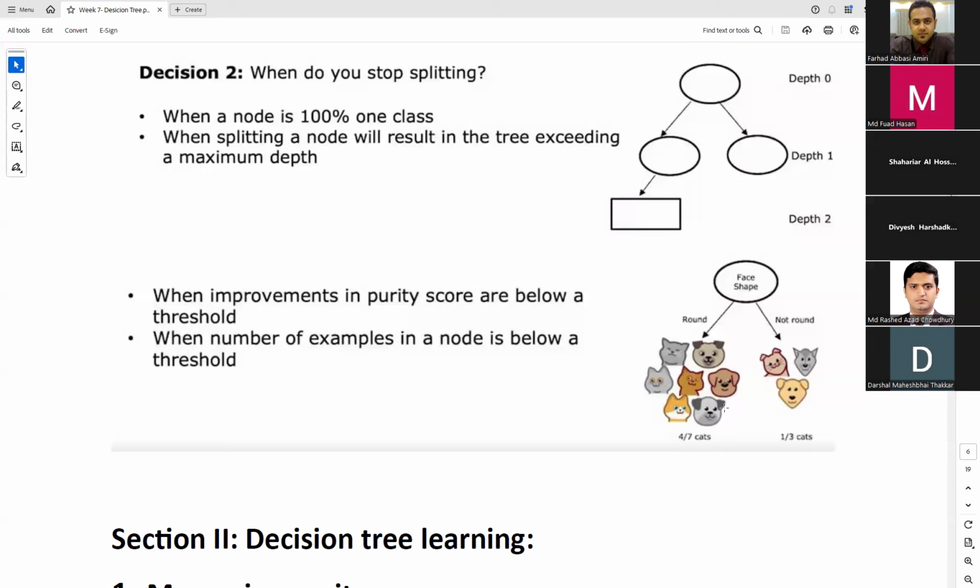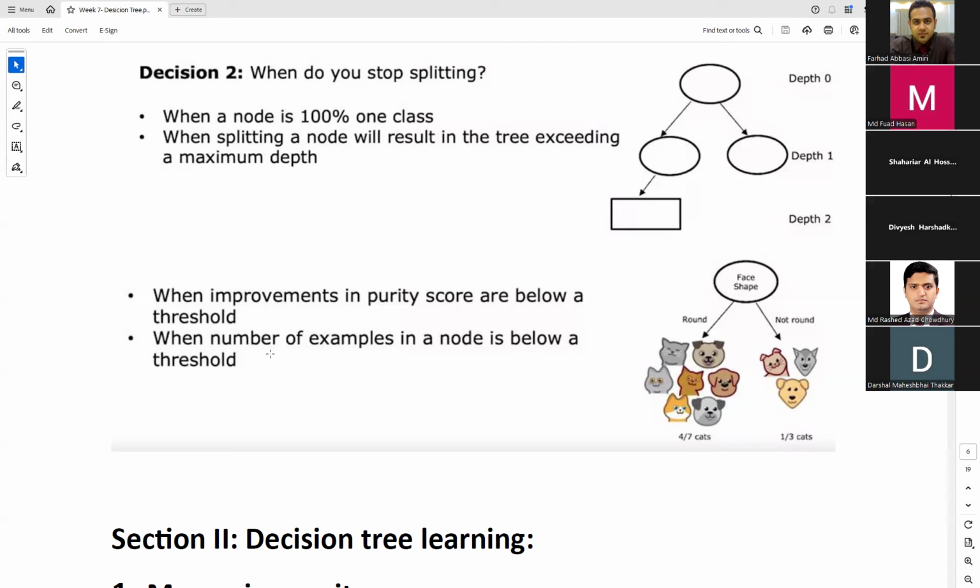Because going one level further downward to another decision node doesn't improve my prediction that much, I stop my decision tree at this level.